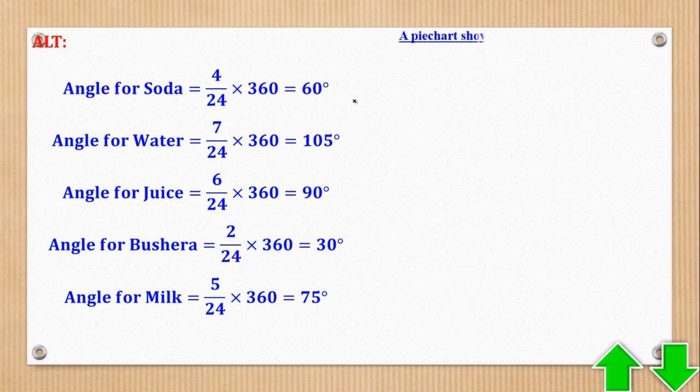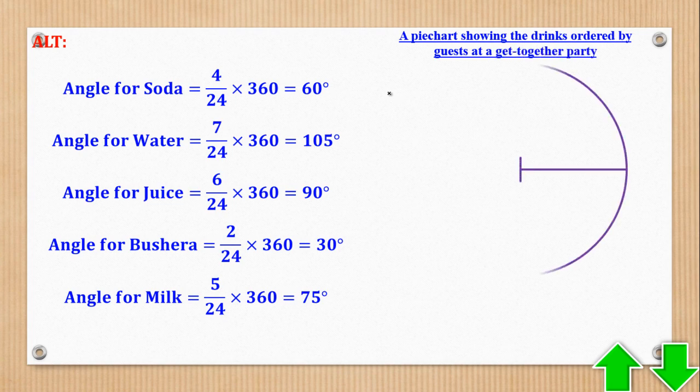We shall begin by putting the title for the pie chart and then draw a horizontal line. Your answer sheets have a ruled line, so this line must lie on that ruled line. Then you put a starting point where the center of the circle will be. Then you draw the circle. After that, we begin measuring. Use a protractor.